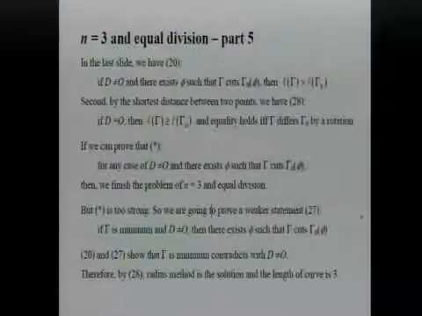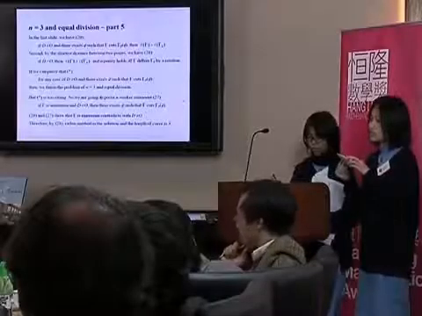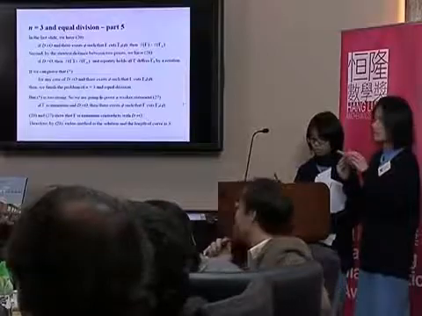As statement 20, if D is not O, there exists phi such that big gamma cap big gamma phi, then the length of gamma is longer than radius method. However, this statement is too strong, so we need to prove the existence of the necessary condition of statement 20. That is statement 27. If big gamma is minimum and D is not O, then there exists a phi such that big gamma cuts big gamma phi.